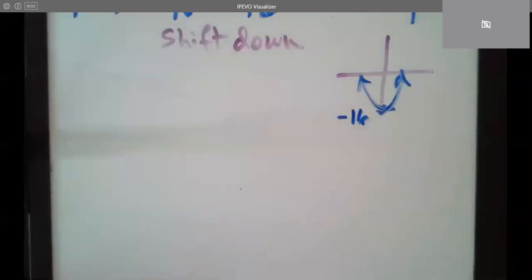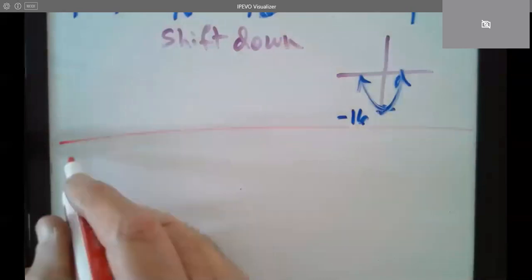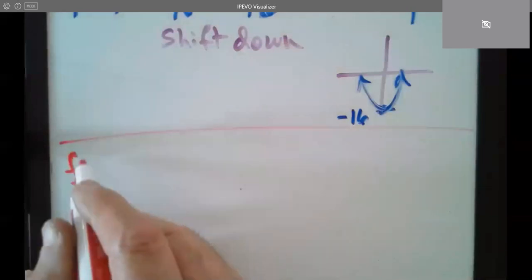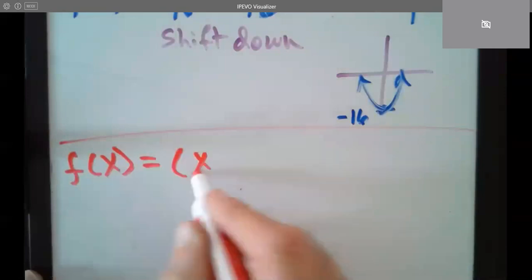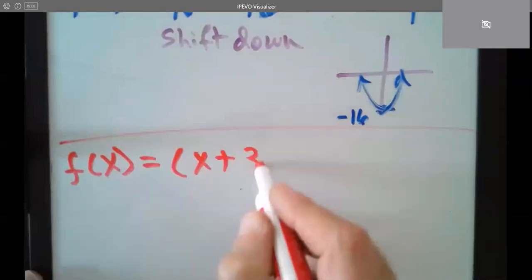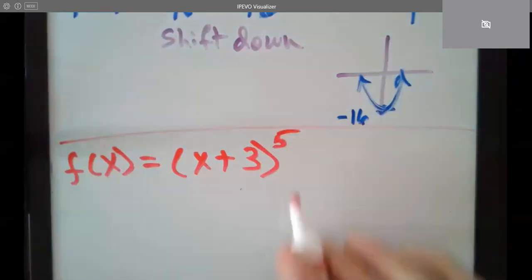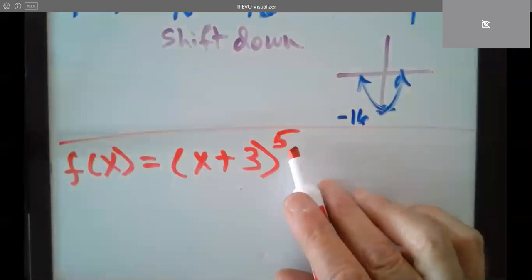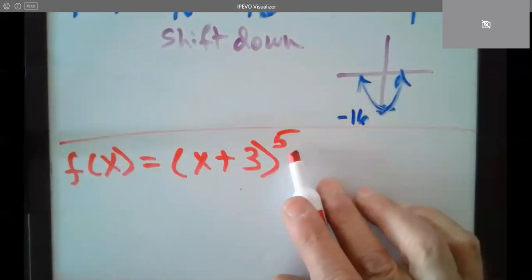For this slide, we've got f of x equals x plus 3 to the 5th. Okay, so you asked yourself, is this even or odd? Well, 5 is what? Odd number or even number? Odd number, right? So is it going to behave like x squared or x cubed?